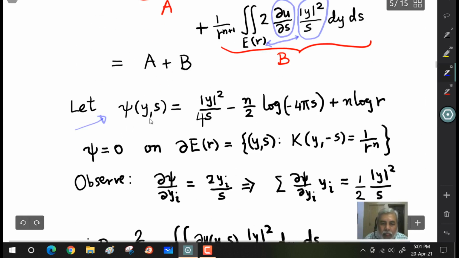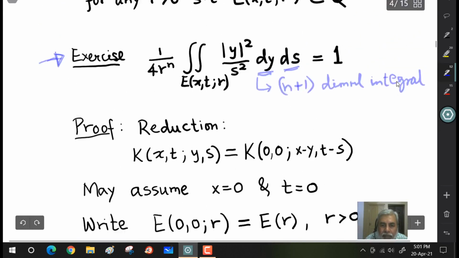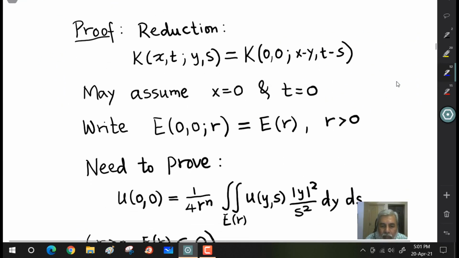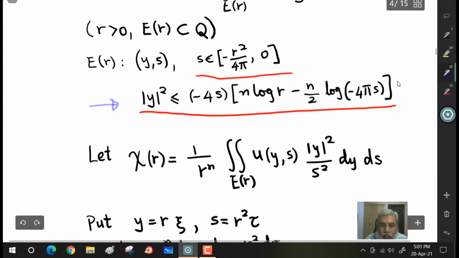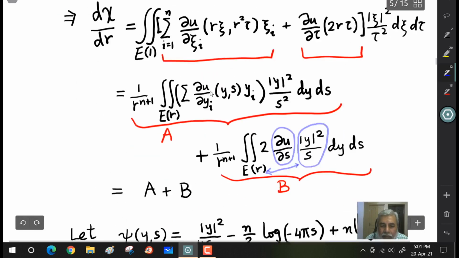So define this psi(y, s) = |y|^2/(4s) − (n/2) log(−4πs) + n log r. It's precisely that one, just remember that. So I'm just dividing by that and replacing it by equality.